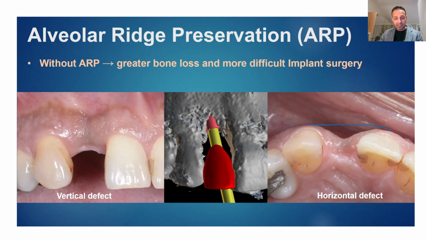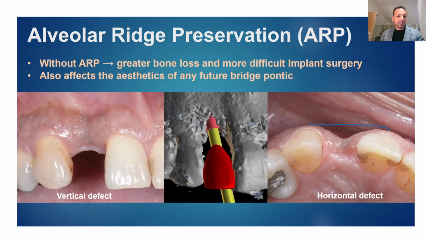So you can see the challenges that we face when we have to place an implant. It also affects the future of any bridge pontic, as you can imagine, because the pontic has to be very high up in that region if you get vertical bone loss, as well as the horizontal aspect of where the pontic is going to sit on the gum line.